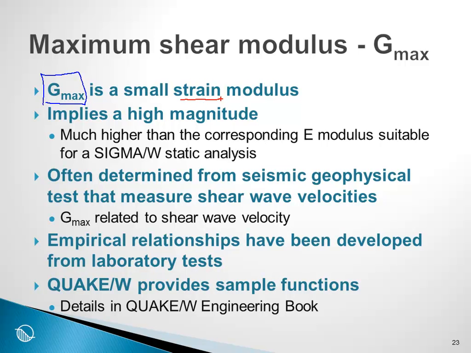And I would urge you to go to the QUAKE/W engineering book for the details as to how we have arrived at these sample functions. I won't take the time here to go into the detail as to how these sample functions were provided. We will simply make use of them here in this illustrative example.